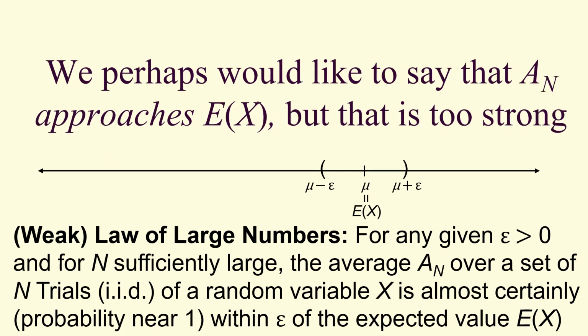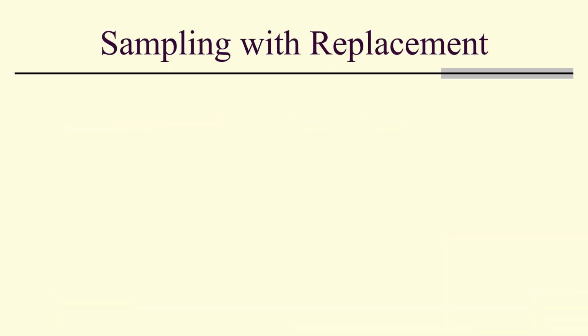So we might want to say, well, A_n is approaching the expected value of x, but that's too strong. So we're going to explore intuitively next what it is that we can say. We're going to do what's called sampling with replacement.